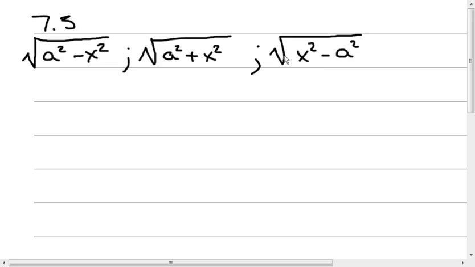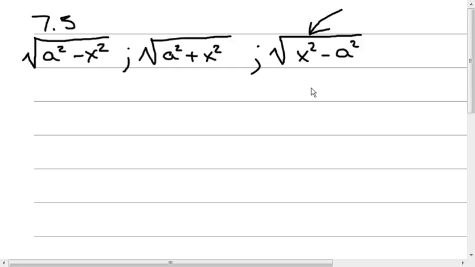Something of this form, or something that when you complete the square you could make look like this. And in these situations you can do a trig substitution. What we're basically trying to do, and what it's going to allow us to do, is get rid of this square root sign. That's going to make it a lot easier to solve the problem.